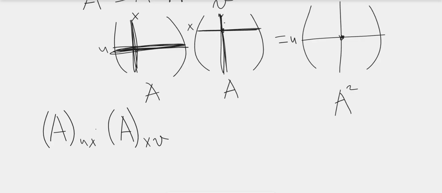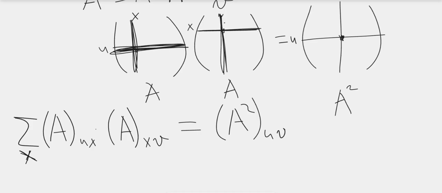This number multiplied by this number, and all of this would be summed over all vertices x. This would be the value of A squared at uv, the value in the matrix A squared in row u and column v. That's how it's calculated. This is just the standard matrix multiplication, right?